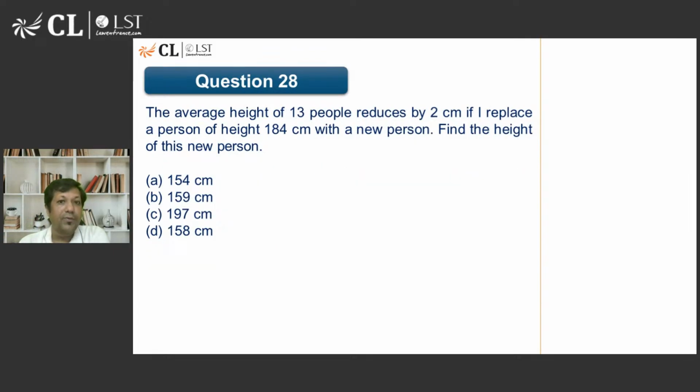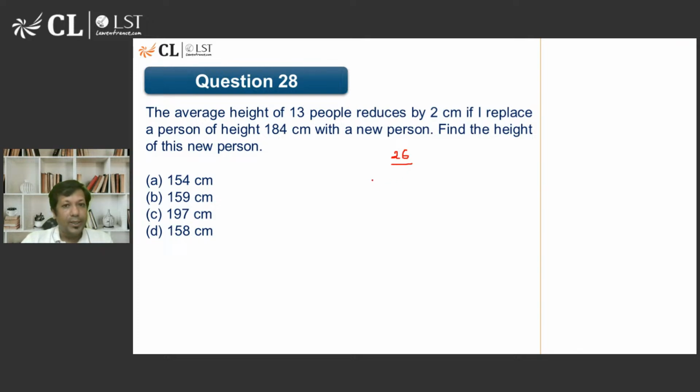Average height of 13 people reduces by 2 centimeters. So if average is decreased by 2, it means sum is decreased by 26. Right. Now, how is that sum being decreased?